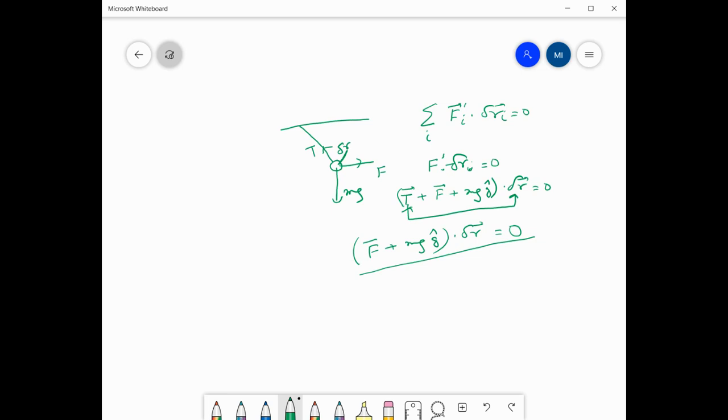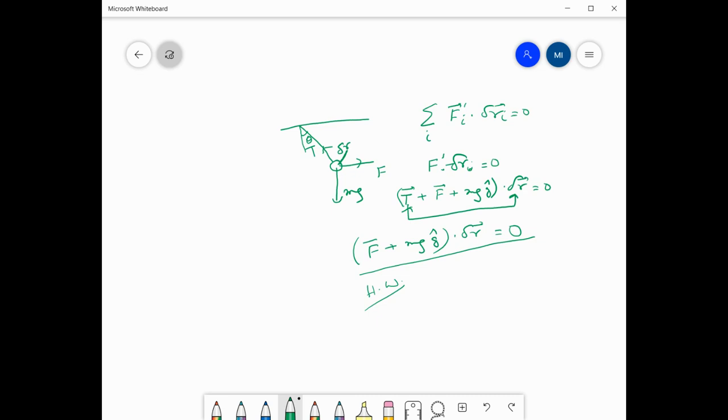Do a little bit and find a relation. I am giving it as homework. Suppose this angle is theta.